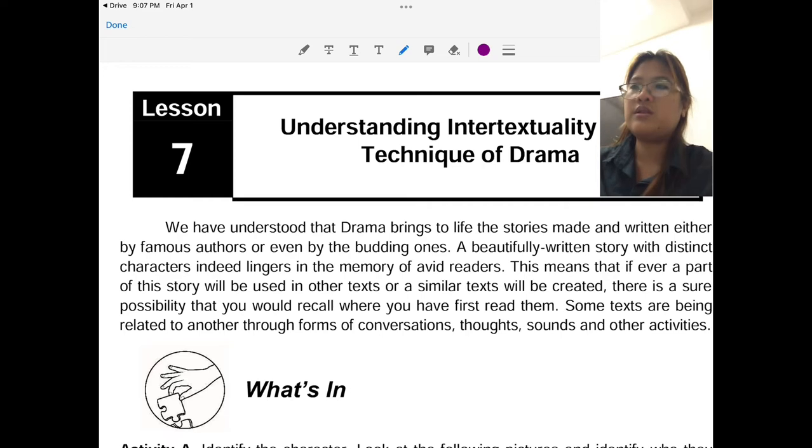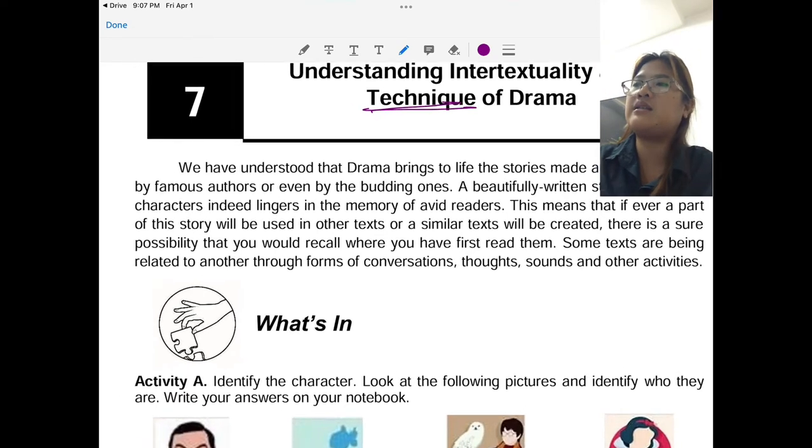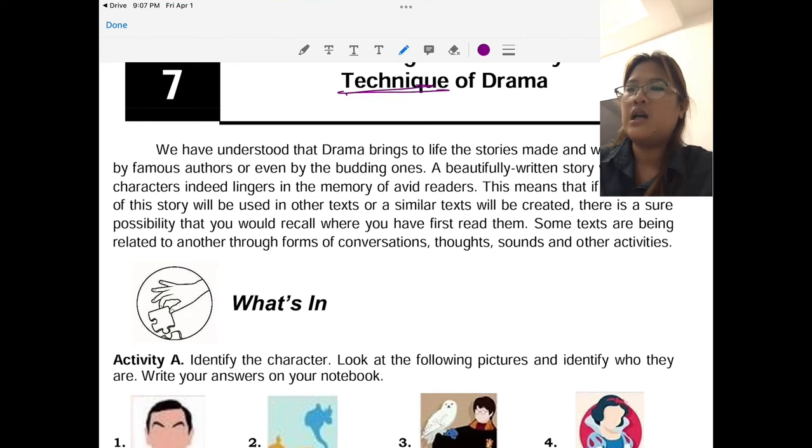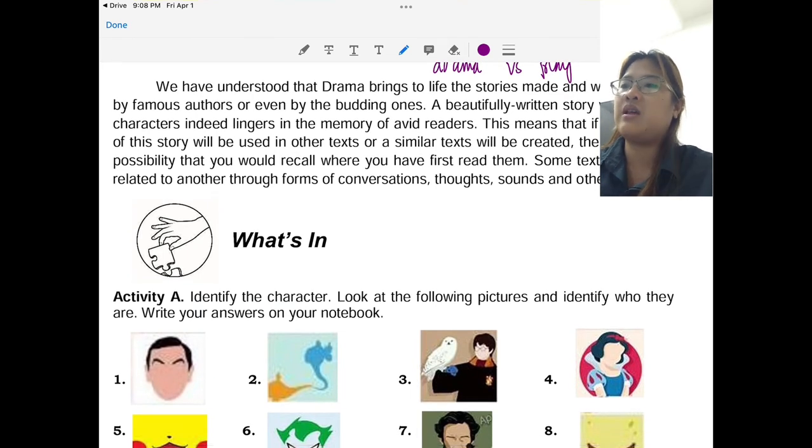Lesson 7 indicates understanding intertextuality as one of the techniques of drama. Earlier we looked into the elements of drama, what brings drama to life, how drama brings stories to life through written or even presented ones, like the written version versus the play, the one that is being staged.